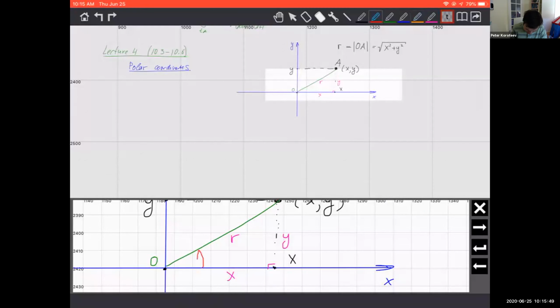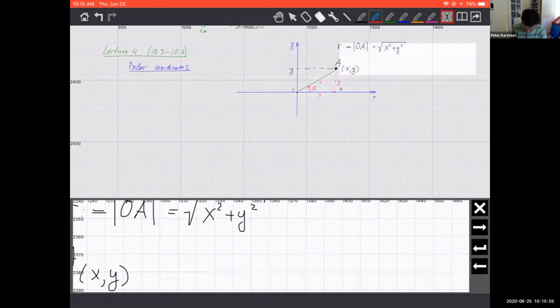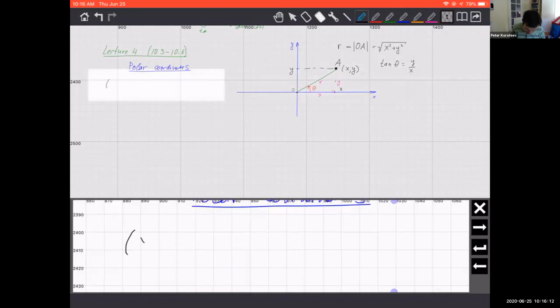Let's call this angle theta. We can write any trigonometric function we like. For example, tangent theta is equal to y divided by x. So theta will be the inverse tangent of that. So the idea of polar coordinates is to switch from the description by x and y to r and theta.